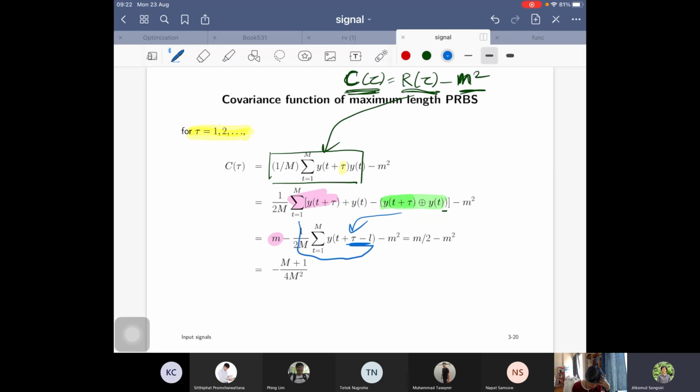If you look at this expression, it doesn't matter because you just shift by some index. So the result would still be represented by the mean, so this turns out to be m half subtracted from m.